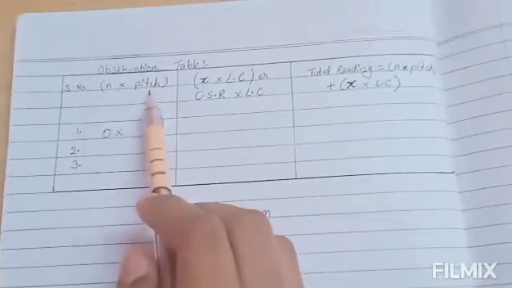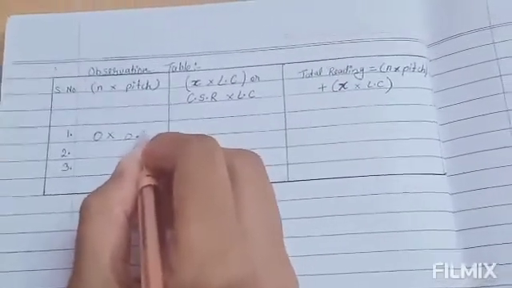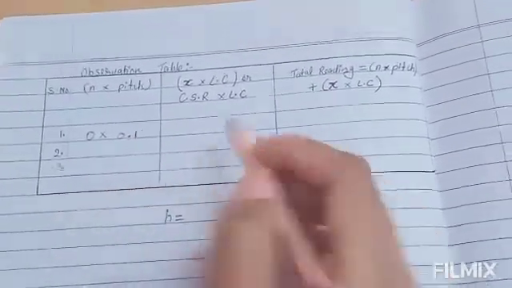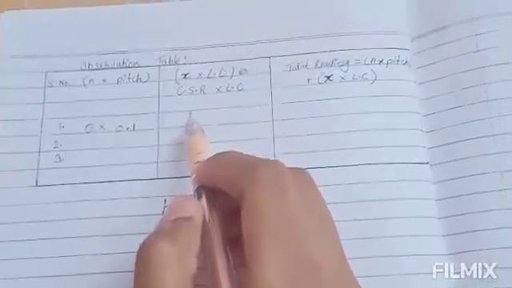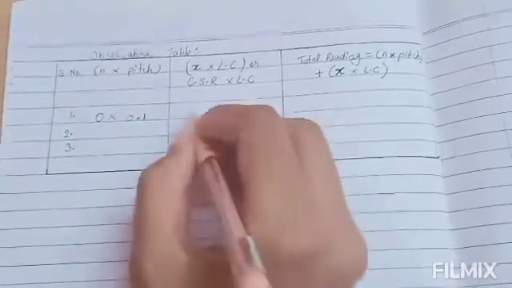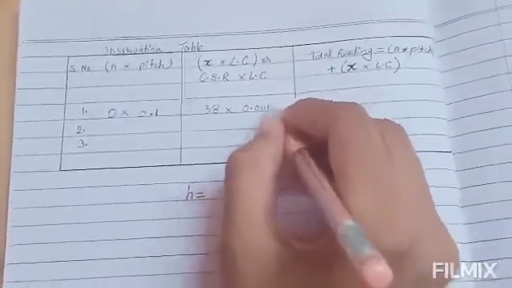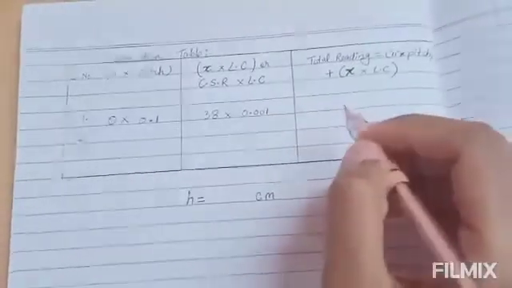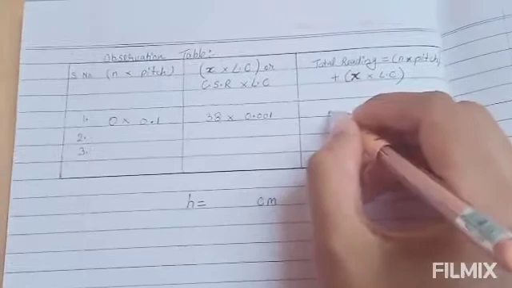And pitch, we found the pitch as 0.1. Now x is the number of divisions between our reference point A and B, which came out to be 38, so we will write 38 here. And the least count was 0.001 centimeters.